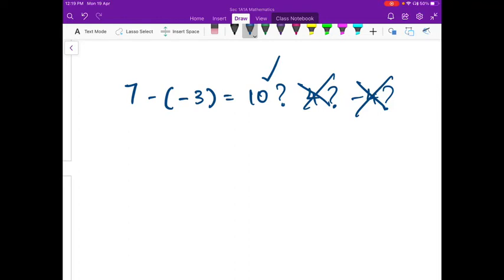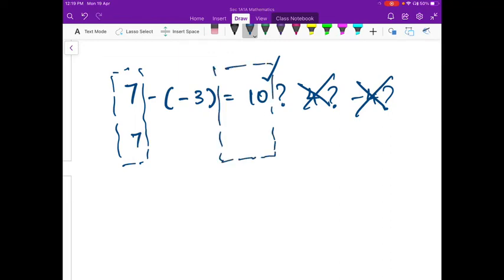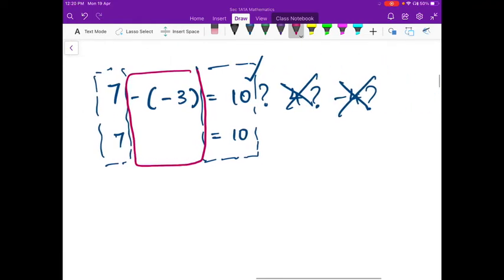Okay, now, watch out. Same 7, yes? Same 7, equals to 10. Okay, fill in the blank over here. 7, fill in the blank equals to 10. What are you going to put?